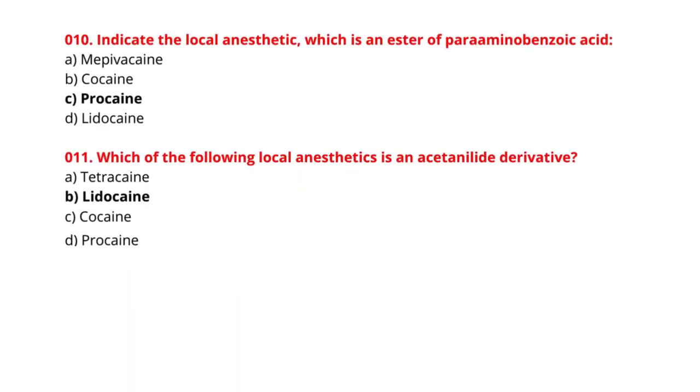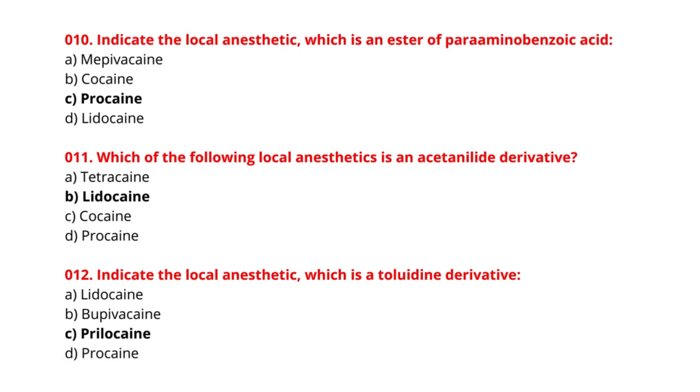010. Indicate the local anesthetic, which is an ester of para-aminobenzoic acid. A. Mepivacaine. B. Cocaine. C. Procaine. D. Lidocaine. Answer is C. 011. Which of the following local anesthetics is an acetanilide derivative? A. Tetracaine.